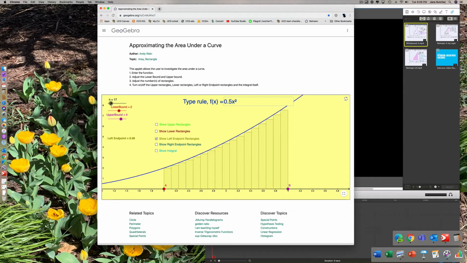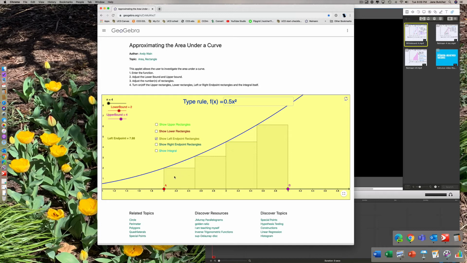Let me get fewer rectangles here so you can see better. So then the rectangle is hitting the curve on the left side of the rectangle. So right rectangles, the rectangle is hitting the curve on the right end of the rectangle. Left rectangle, it's hitting on the left side.